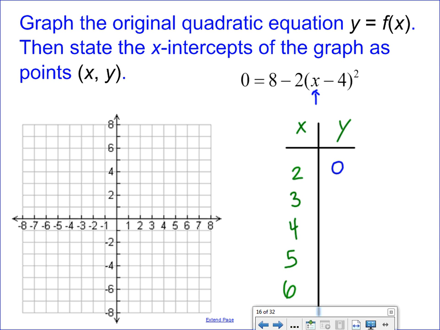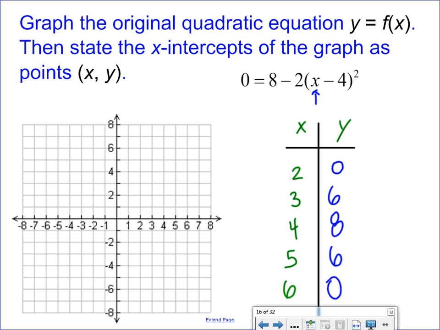Squared is positive 1 times negative 2 is negative 2 plus 8 is 6. 4 in for x. 4 minus 4 is 0. 0 squared is 0 times negative 2 is still 0 plus 8 is 8. I got 8. 5 minus 4 is 1, squared is 1, times negative 2 is negative 2, plus 8 is 6. And 6 minus 4 is 2, quantity squared is 4, times negative 2 is negative 8, plus 8 is 0.